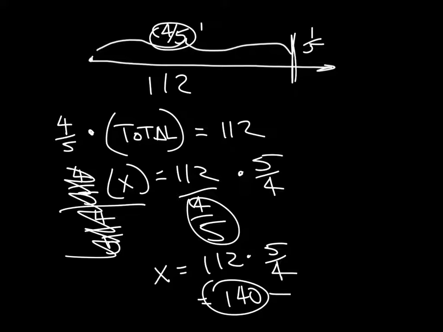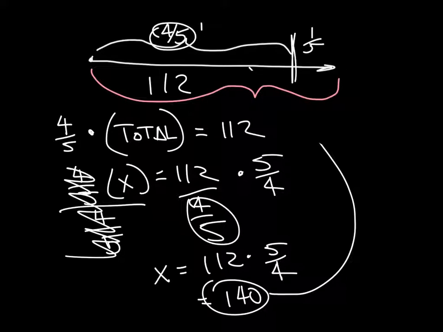That is the total distance that she was supposed to hit it, but she only hit 112. So it's just using the same formula that we've been doing, of means multiply, is means equal, only we're using fractions instead of just whole numbers.